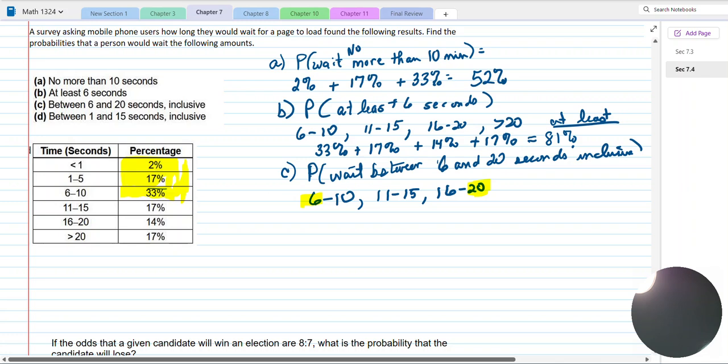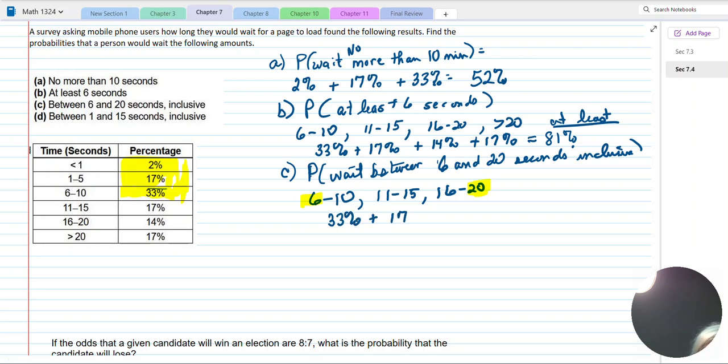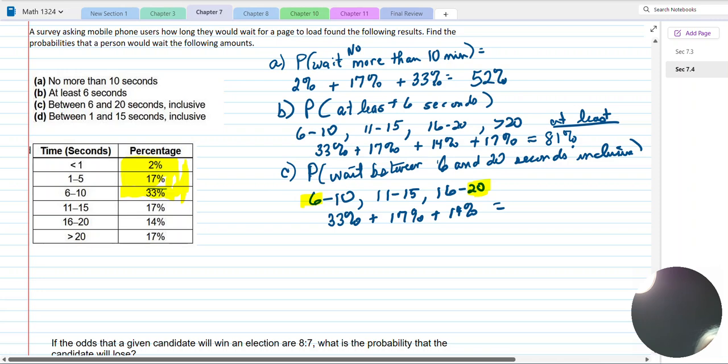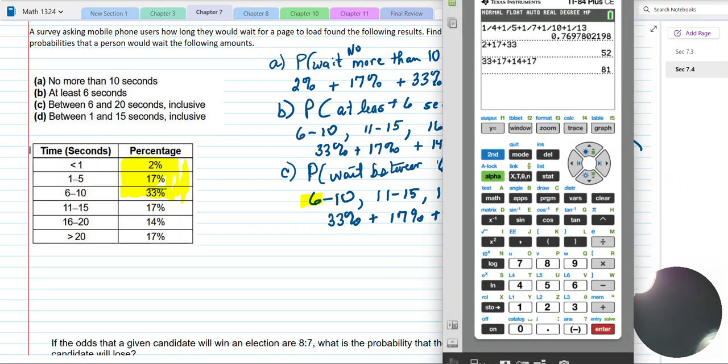Now we're going to add up all of our percentages. So that would be the 33 plus the 17 plus the 14. So we do that math.